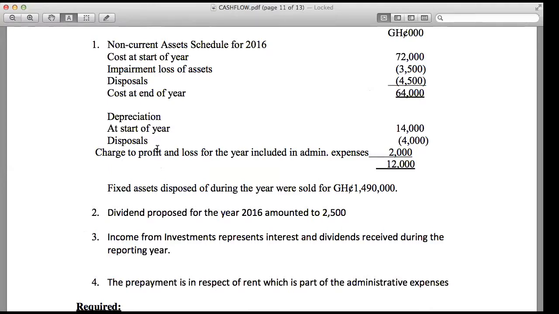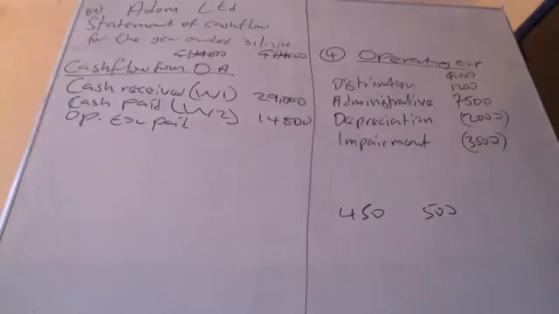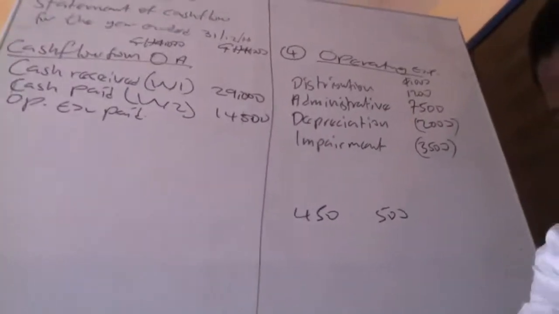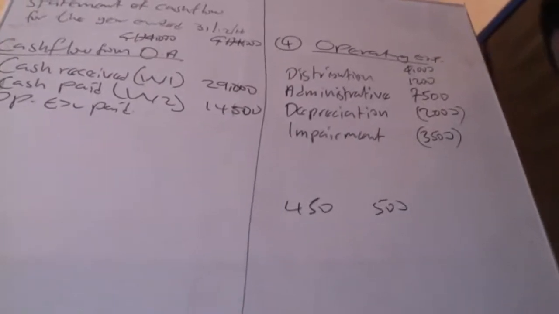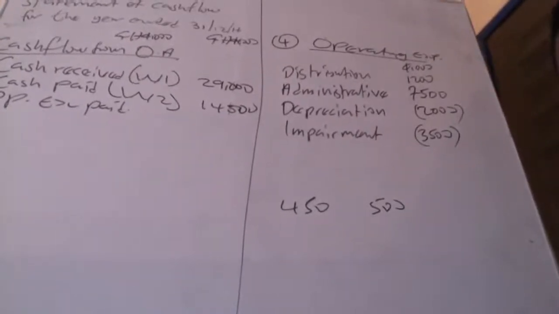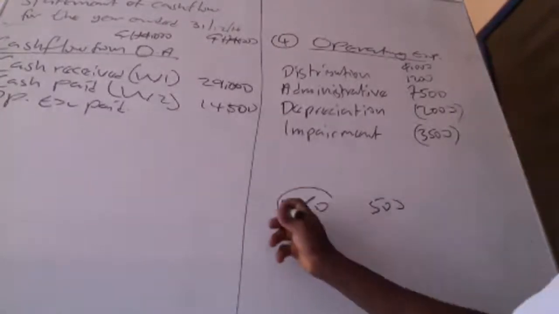Then there's prepayment. You can check that the prepayment opening balance is 450, closing balance is 500. So expenses prepaid. Good. At the start of the year, the prepayment was 450.